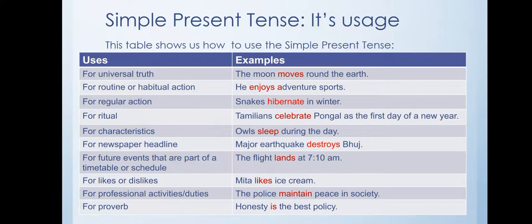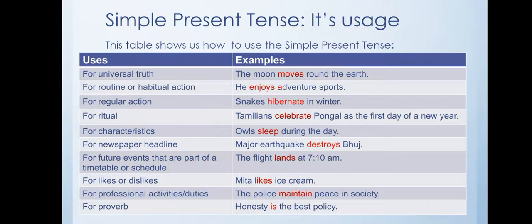Again, for routine or habitual action, we use simple present tense. See the example. He enjoys adventure sports. Here enjoys, the verb, is in present tense because it's a habitual action. For regular action also we use simple present tense. See the example.